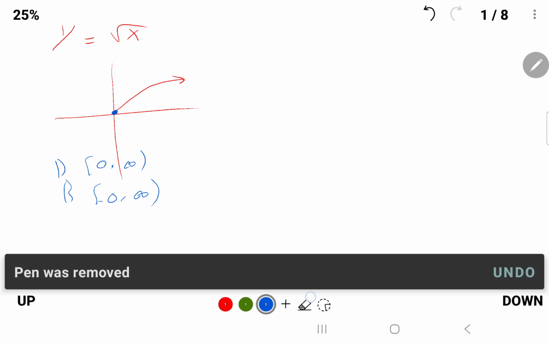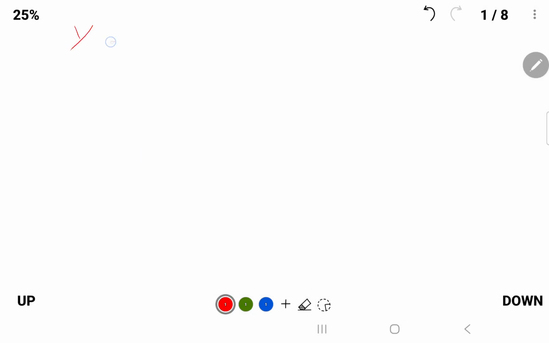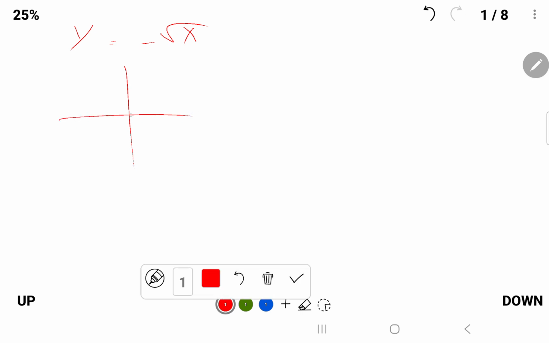Now let's say you have y is equal to minus the square root of x. So in this case we need to reflect over the x-axis like this.